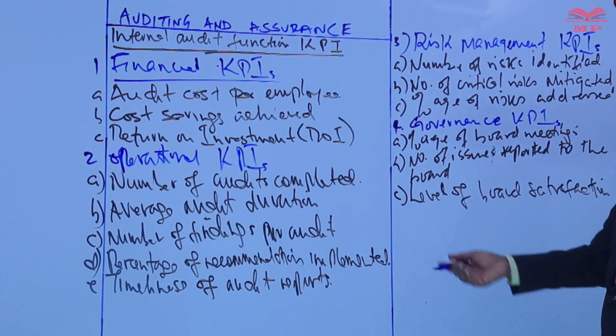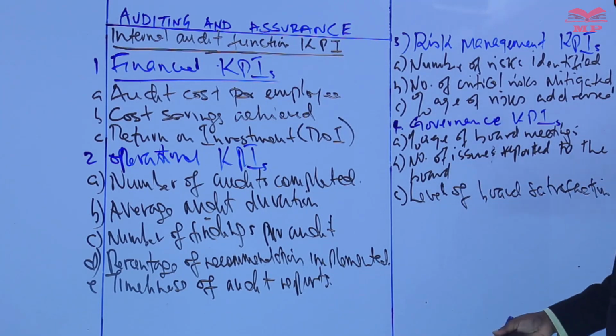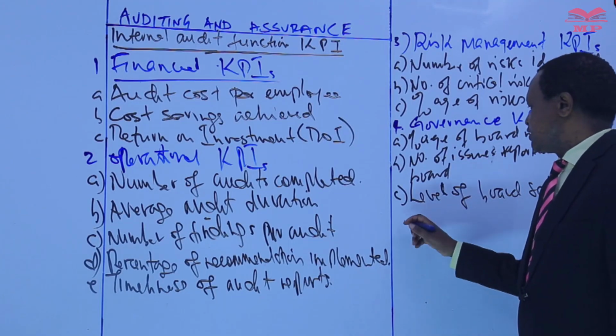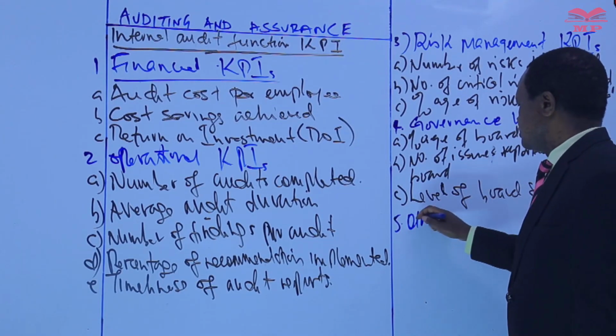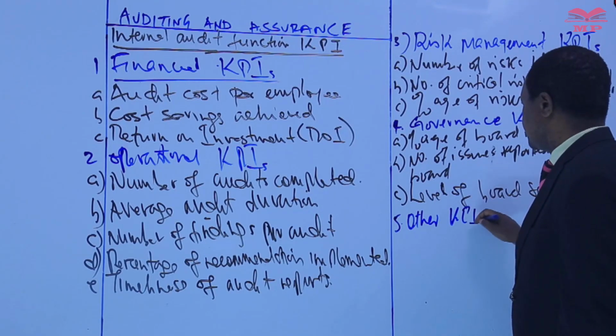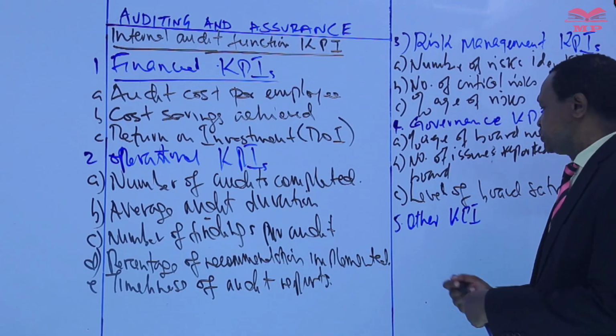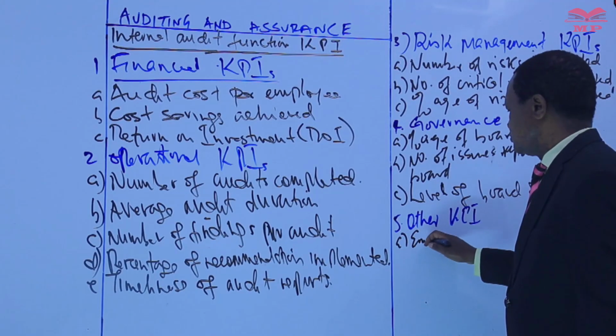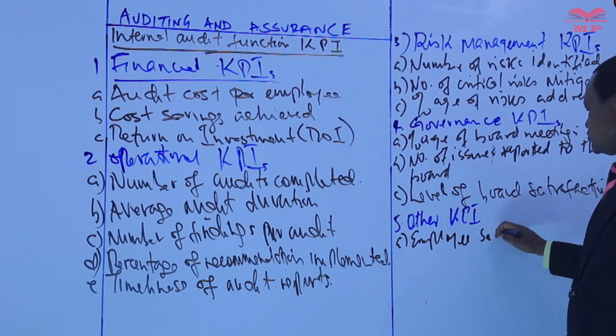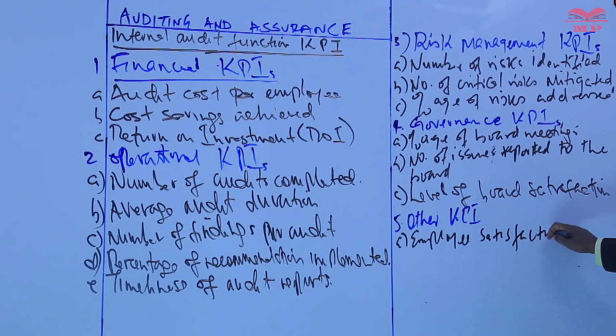Then you've done risk management, governance, operational. Then there are just other key performance indicators like employee satisfaction. The key performance indicator on employee satisfaction measures the satisfaction of the internal audit staff with their work environment and opportunities for professional development.